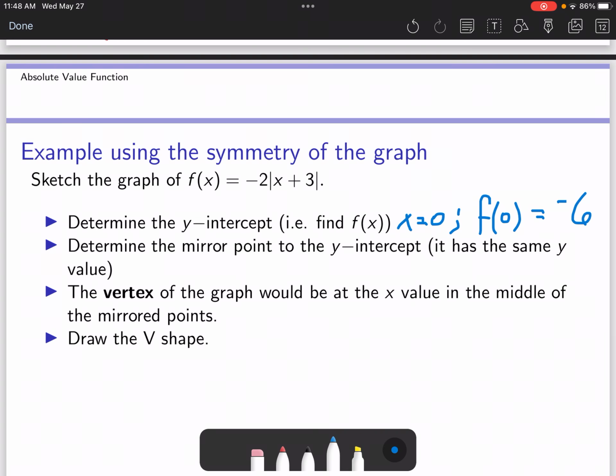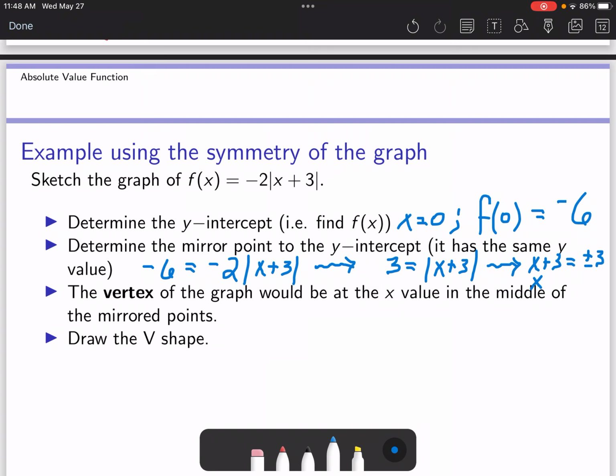Then I need to solve. Negative 6 equals negative 2 times the absolute value of x plus 3. Divide both sides by negative 2. I have 3 equals the absolute value of x plus 3, which then tells me that x plus 3 equals positive or negative 3.